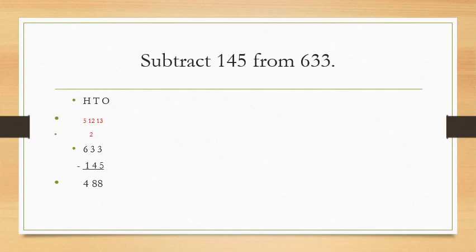Now children, 12 minus 4 is 8. Write 8 at tens place. Now at hundreds place, 5 is there. So 5 minus 1 is 4. So children, write 4 at hundreds place. Children, your answer will be 488.